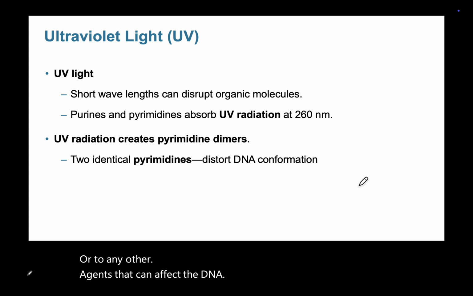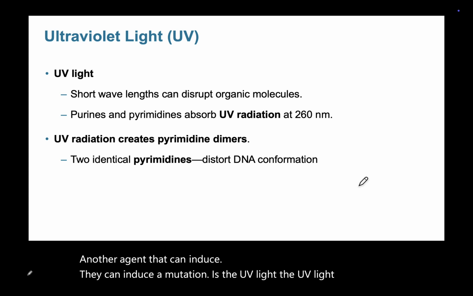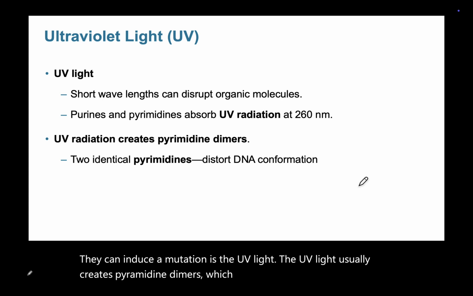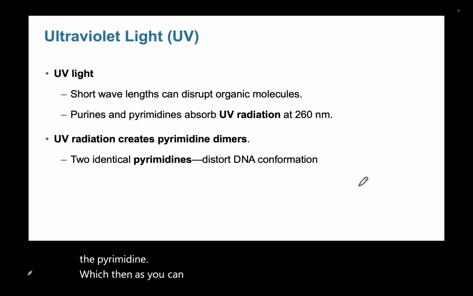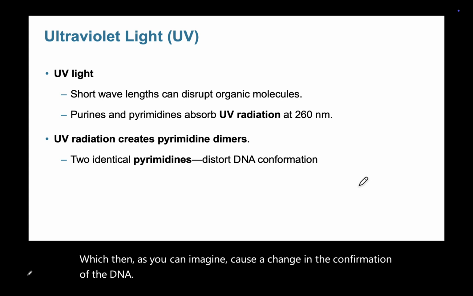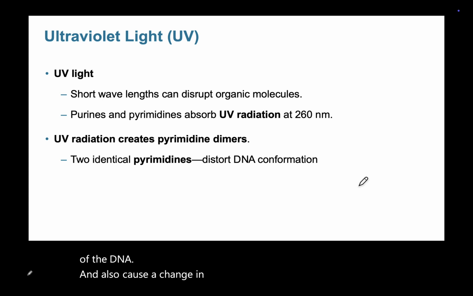Another agent that can induce a mutation is UV light. The UV light usually creates pyrimidine dimers, which means that the molecule of DNA, wherever the UV light hits the molecule, will have a duplication in the pyrimidines, which then, as you can imagine, causes a change in the conformation of the DNA and also a change in the triplet codon.